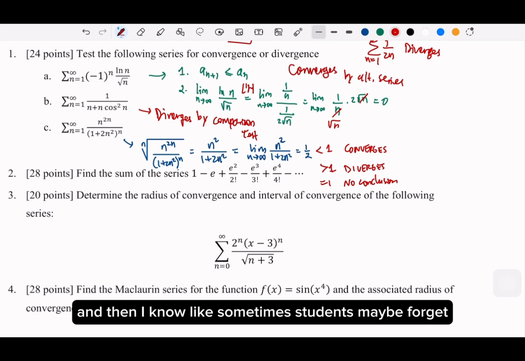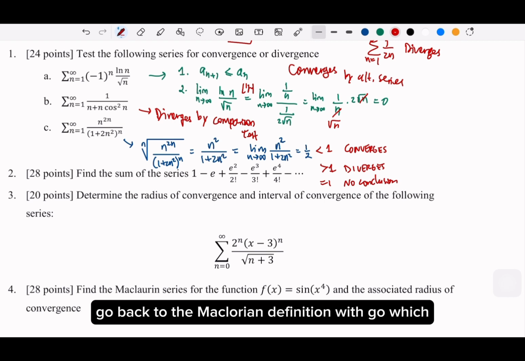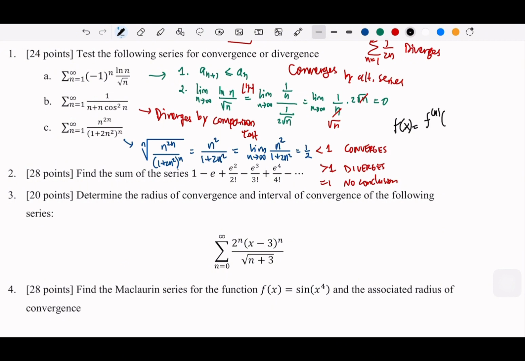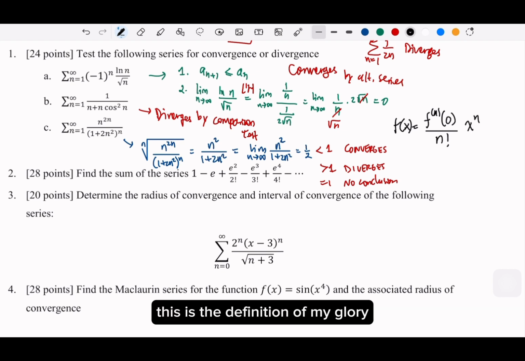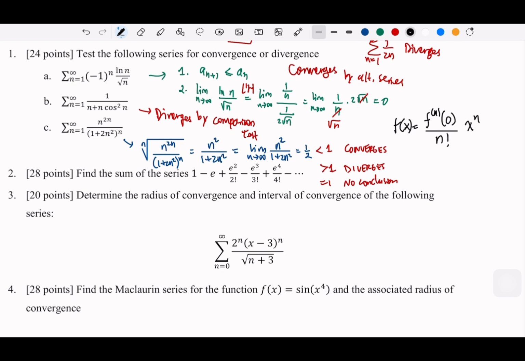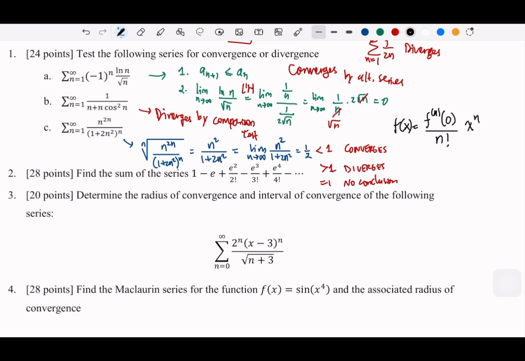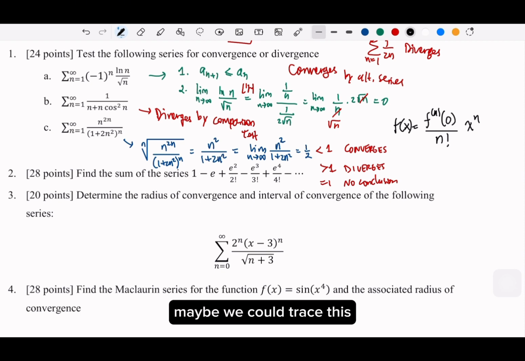And I know sometimes students maybe forget. Go back to the Maclaurin definition, which we are going to use. This is the definition of Maclaurin, which means if we don't know what this is, maybe we could trace this.